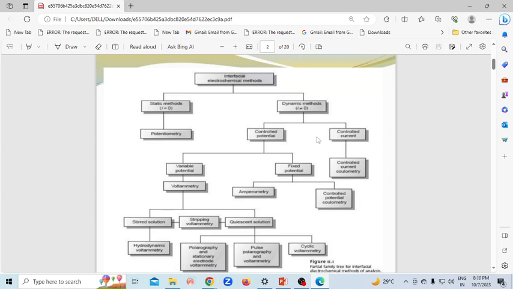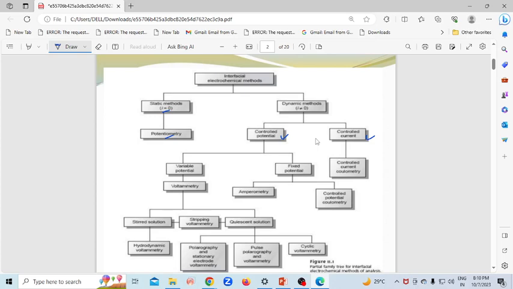Okay, so this chart represents all the electrochemical methods used in electrochemistry. It might be a static method where I is equal to 0, or a dynamic method where I is not equal to 0. In potentiometry, I is not changed, you only measure potential. Then there are dynamic methods, which control potential and control current.